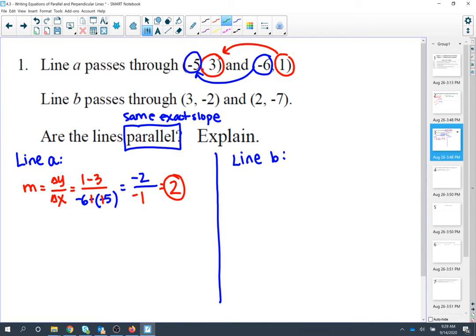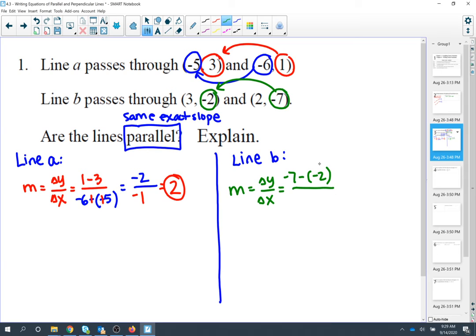Line B. So m equals the change in y over the change in x. So here's my y value, here's my y value, -7 minus -2.